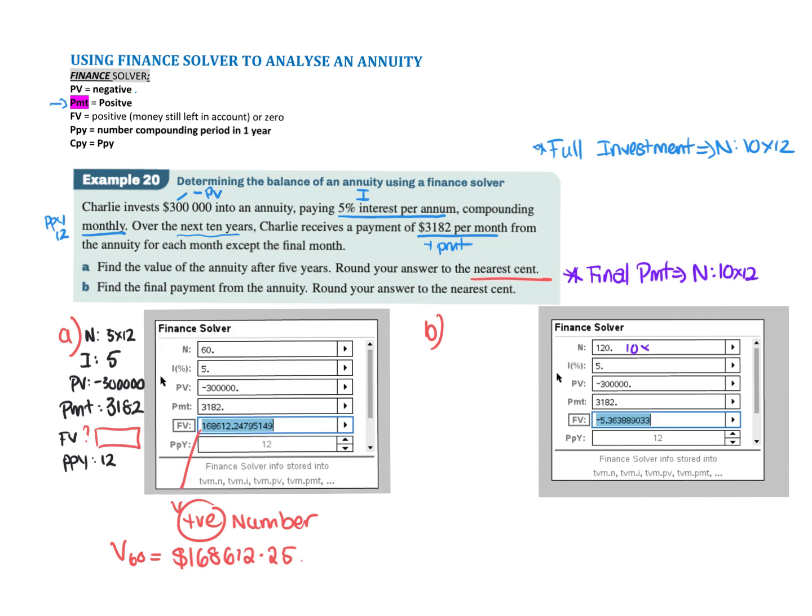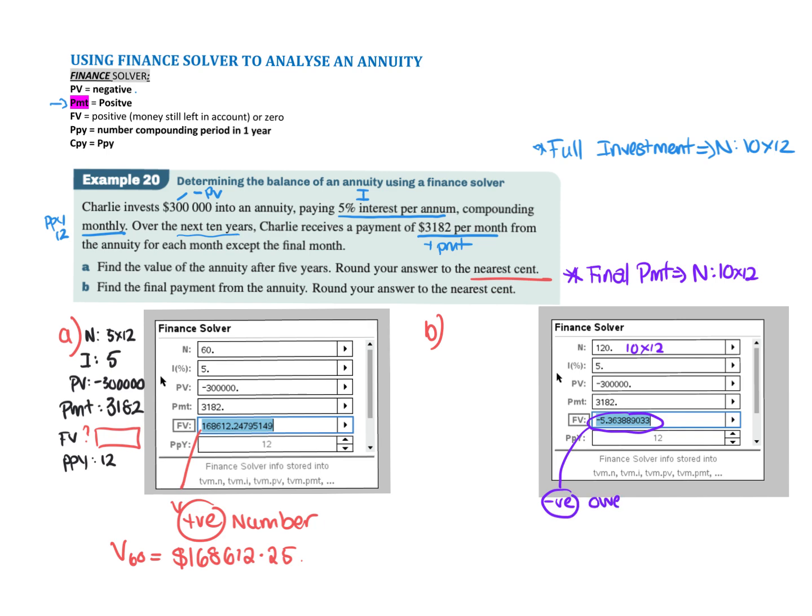So that's where I've done that, 10 times 12. I've got all the rest in, and obviously we want to know what the final value is at that situation. And when we do that, we have a negative $5.36.